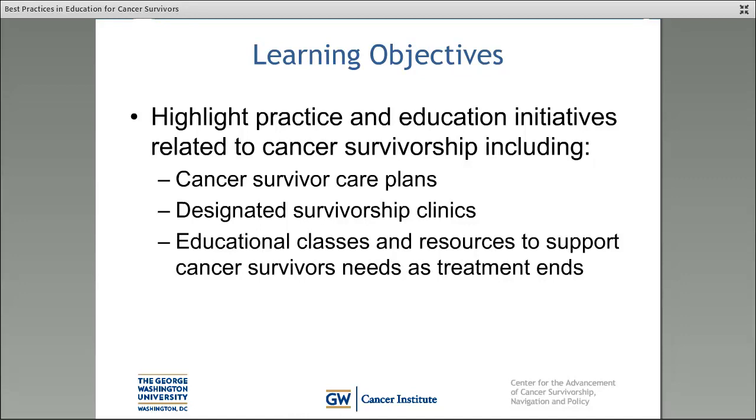And looking at where those survivorship clinics are being held here in our practice and the momentum behind that. And then also talk a little bit more about the classes and resources that we have currently supporting cancer survivors as treatment ends. And so it's really exciting for me to be here and team up with Elizabeth and the team from George Washington Cancer Institute. Thank you so much.